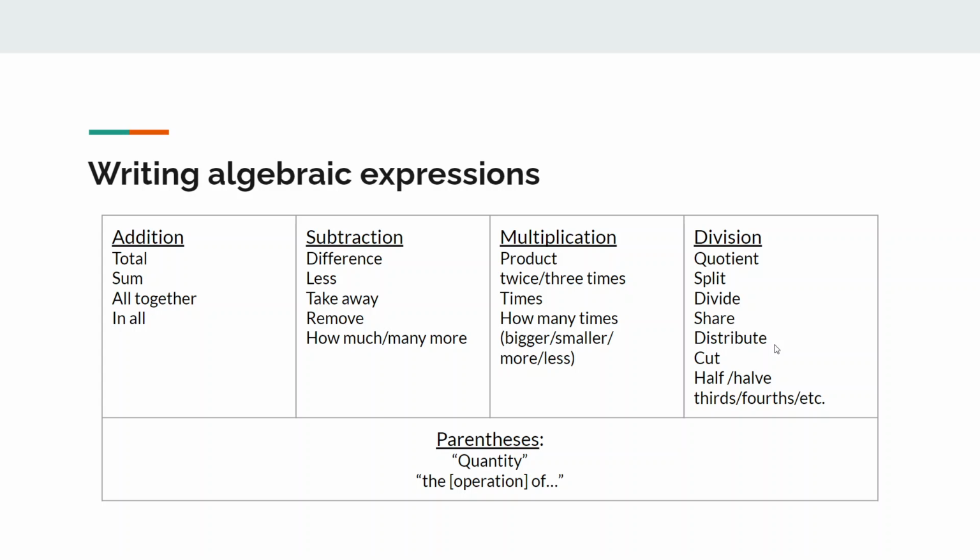And something really, really important for algebraic expressions is knowing when to put things in parentheses. So if you see the quantity x plus 2, the quantity z minus 4, that has to go in parentheses.